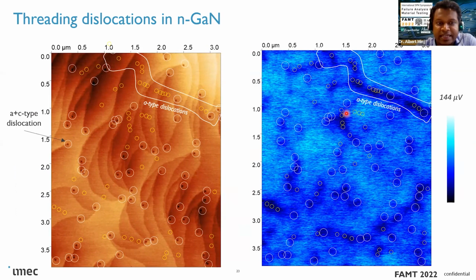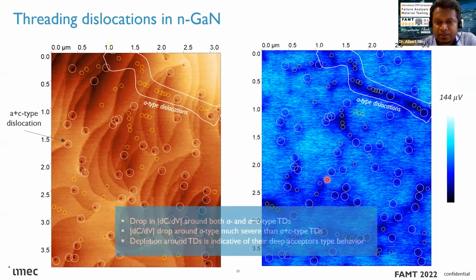You will also notice that in most cases, the pure A-type dislocations are arranged almost like a row, so it is easier to identify them if you don't have a good morphology. We will have one of those examples later. So this again proves from this side that for both types of dislocations, we have a depletion region.